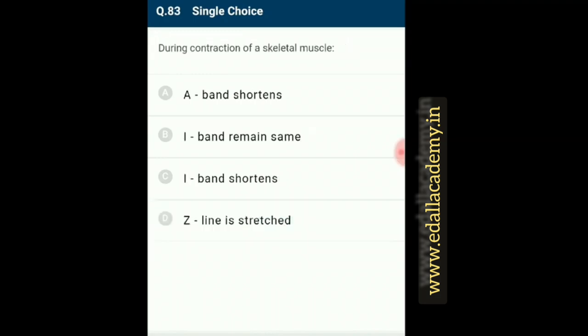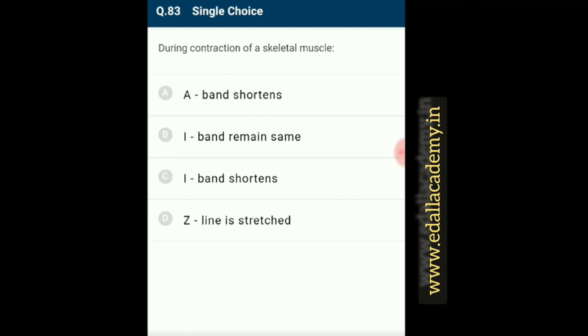Question number 83. During contraction of skeletal muscles, the change in the tension in the skeletal muscle is called muscle contraction. The muscle contraction is achieved by the sliding action of myosin filaments. During muscle contraction, two Z lines come close. The light band, that is the I band, shortens and the length of the dark band, that is the A band, remains the same.